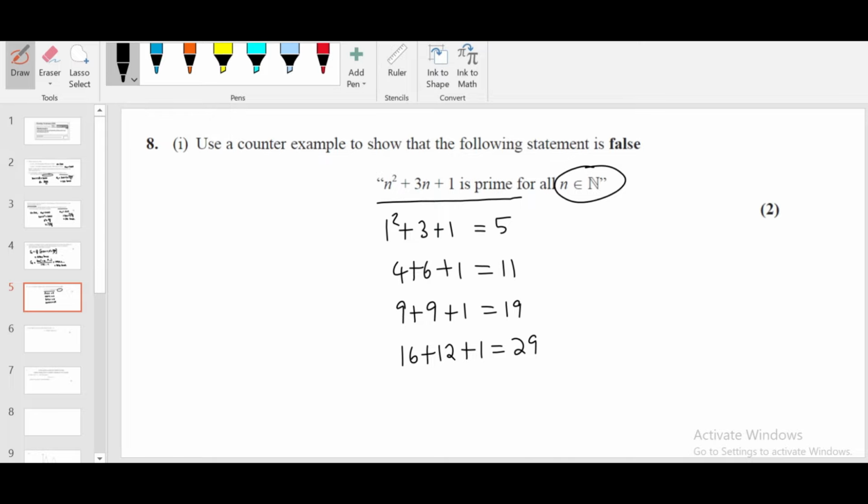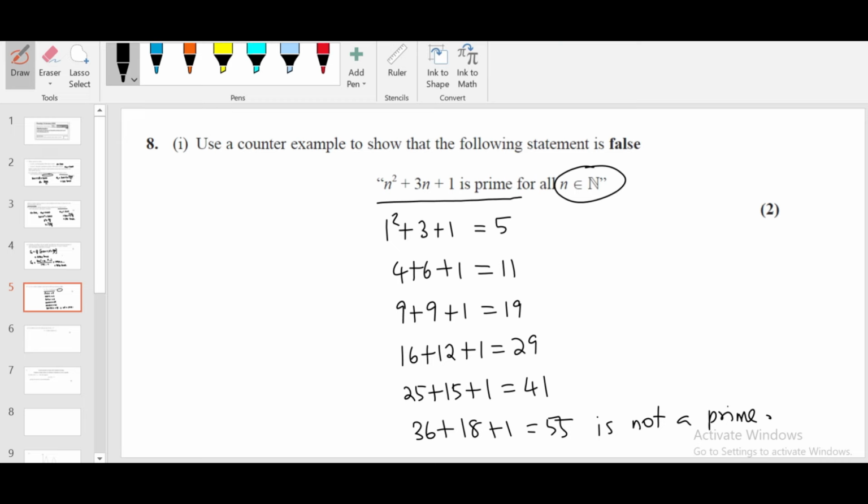For 5, it's going to be 25 plus 15 plus 1, 41 is also a prime. When you put 6, it's 36 plus 18 plus 1, which is 55, not a prime. There you go. So you just need to conclude that it is not a prime, therefore the statement is false.